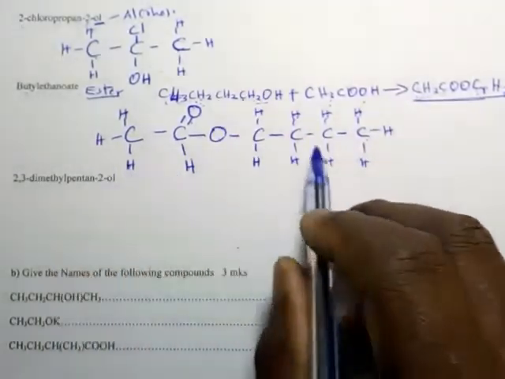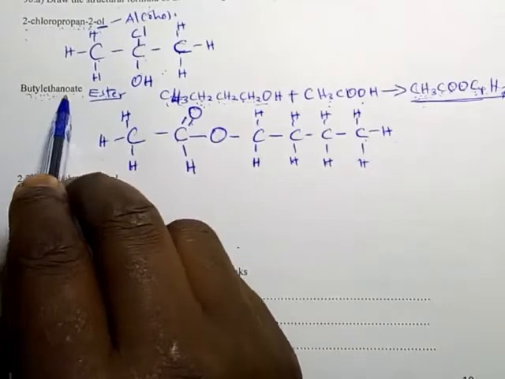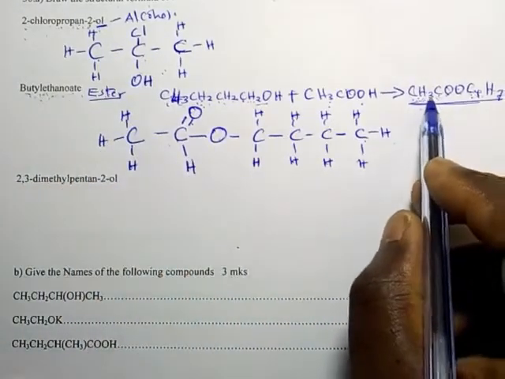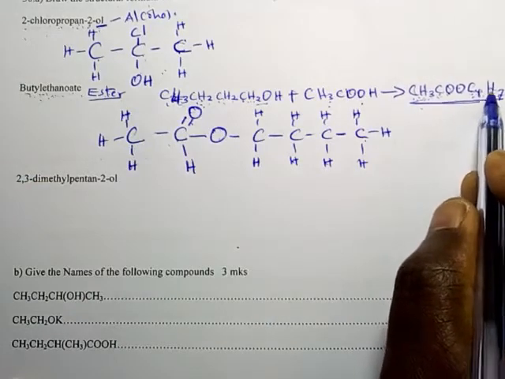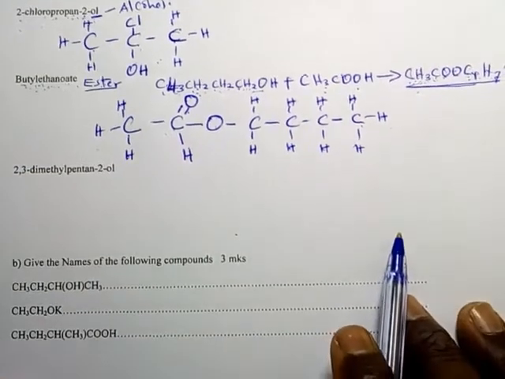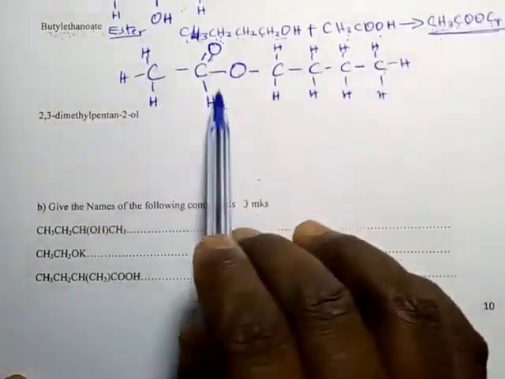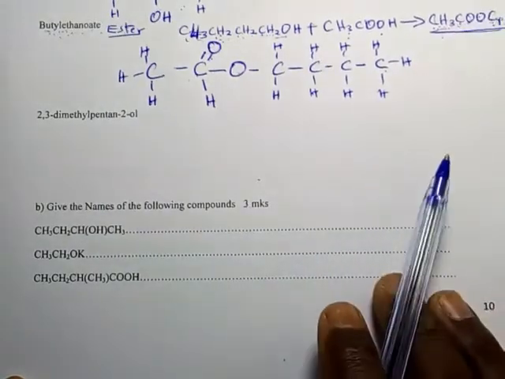And by so doing, this is the structure of butyl ethanoate. The first part is an acid. The second part comes from the alcohol. So this is what you are supposed to draw. Only this. I just wanted you to see what you are supposed to do.